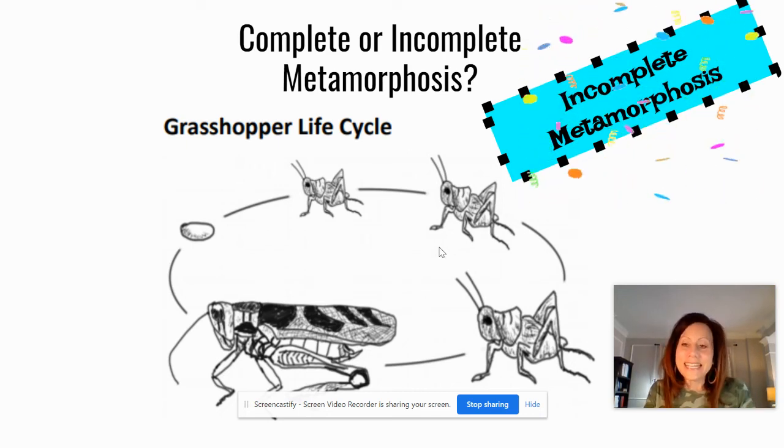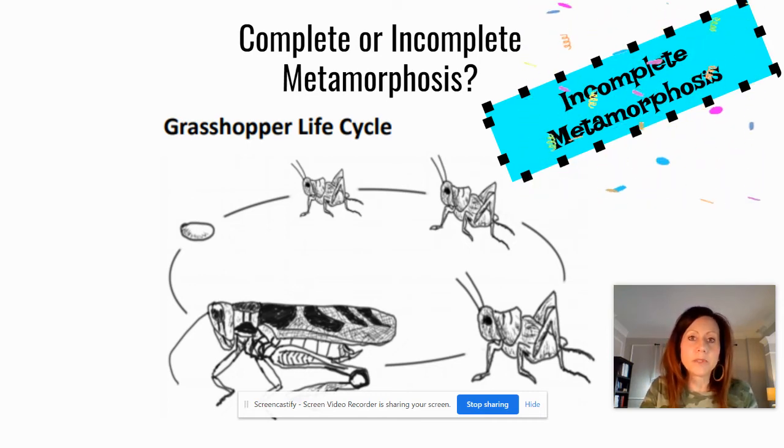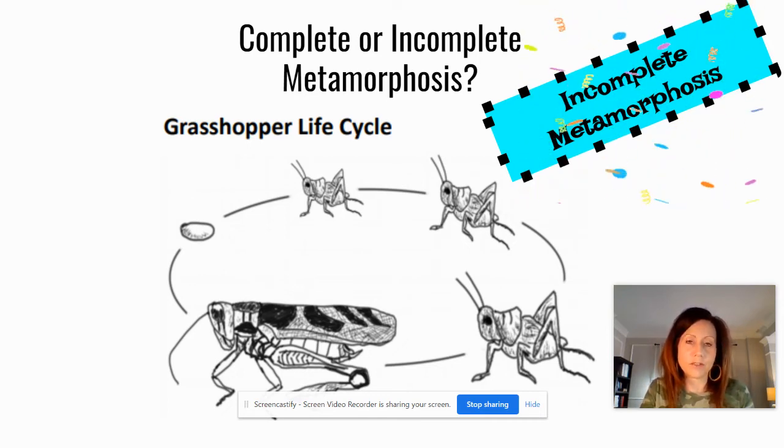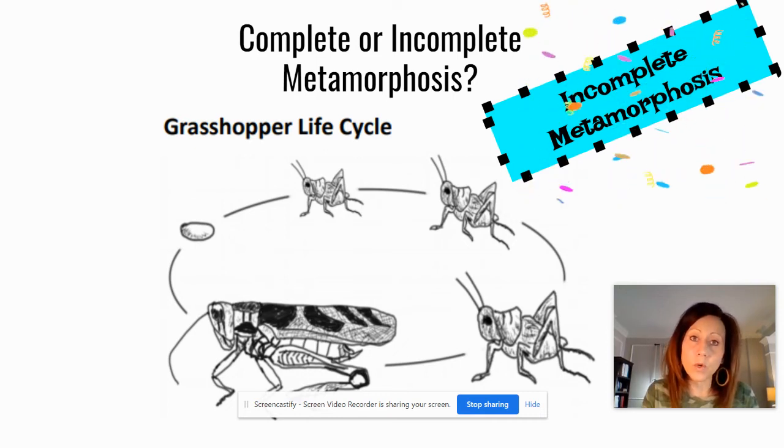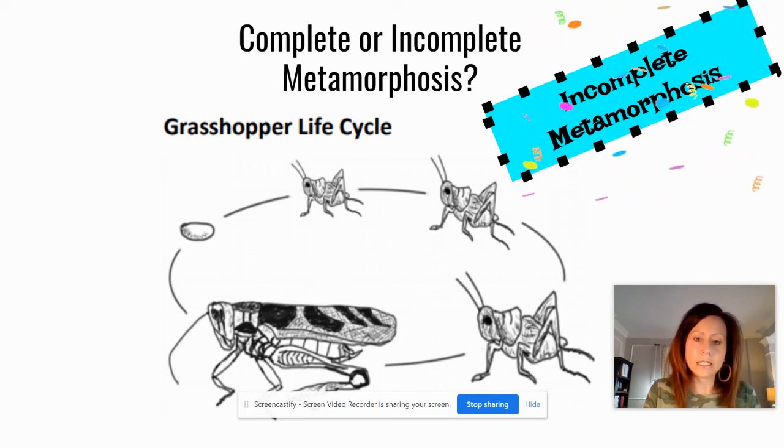Okay, that's it. So hopefully those were some good examples to help you understand complete versus incomplete metamorphosis. So the big difference is that complete has 4 stages: egg, larvae, pupae, adult. And then incomplete metamorphosis only has 3 stages: egg, and then nymph, and then adult.